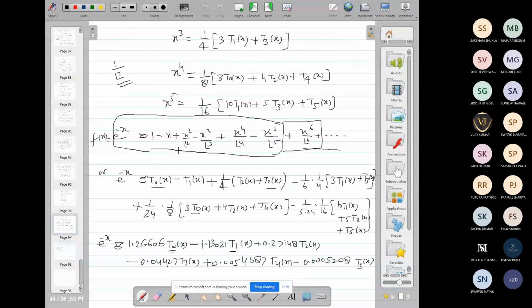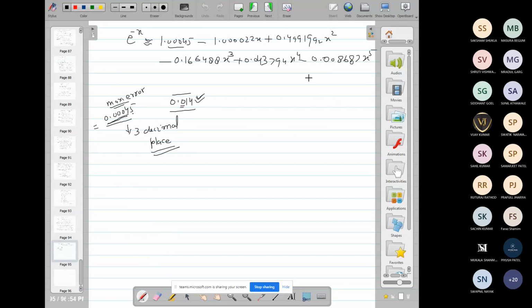So here with an example we have seen that in Taylor series expansion, to obtain the value of e to power minus x correct up to 3 decimal places, we require terms up to x to power 6. But to obtain the value of e to power minus x correct up to 3 decimal places in terms of Chebyshev polynomials, we require only 5 terms. Only 5.